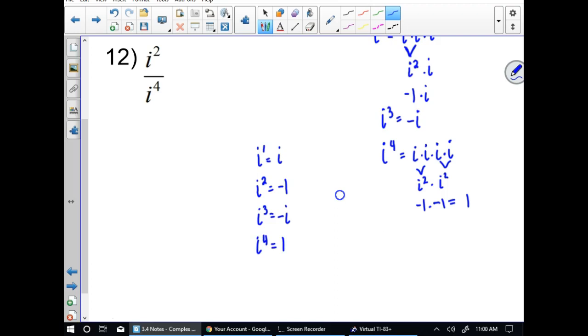So, if I want i to the fifth, that means I've got to do i times i times i times i times i. Well, I could put those first four together. So that'd be i to the fourth times i. And i to the fourth, we just found that was 1, right? 1 times i. So i to the fifth is i.